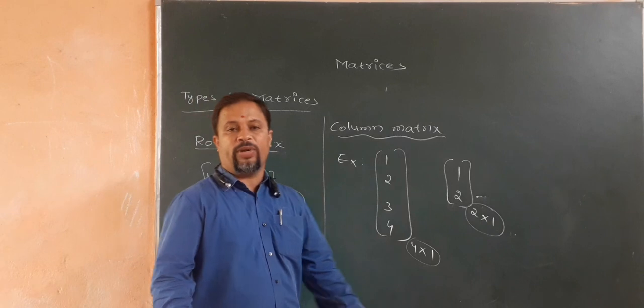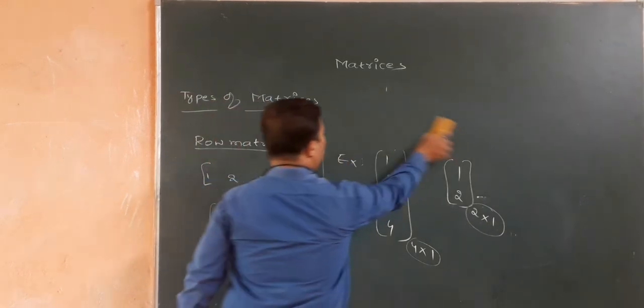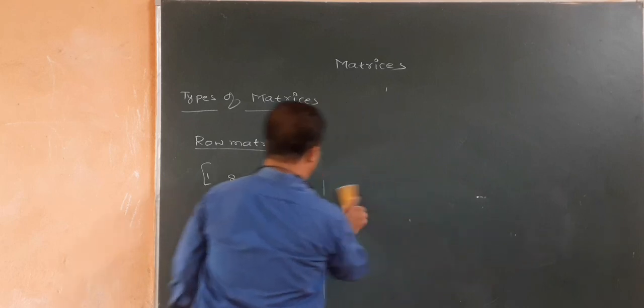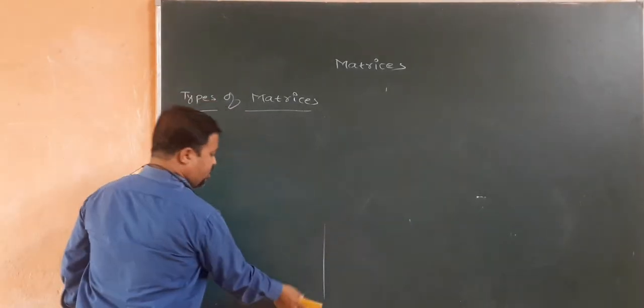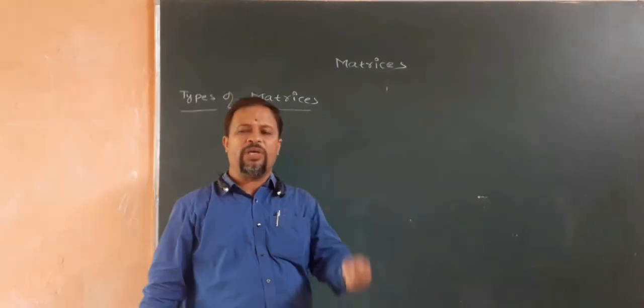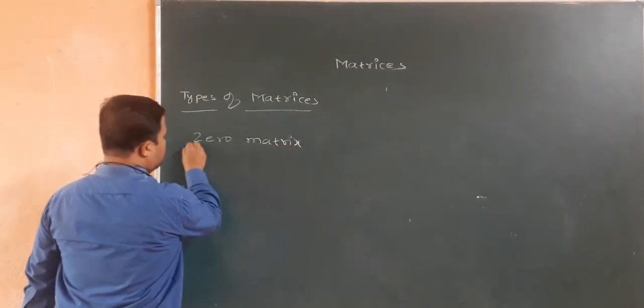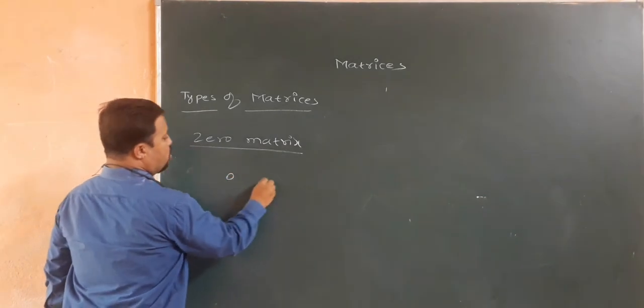Right? So next one is zero matrix. Now, what is this zero matrix? Zero matrix is a matrix where each and every element will be zero. Now I can write 0, 0, 0, 0.